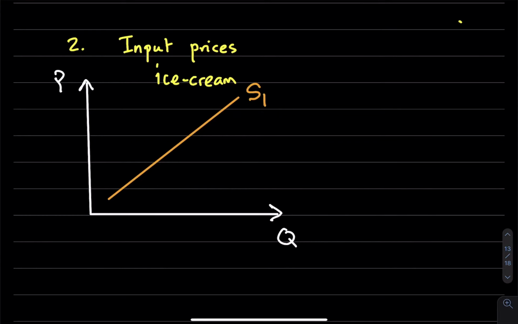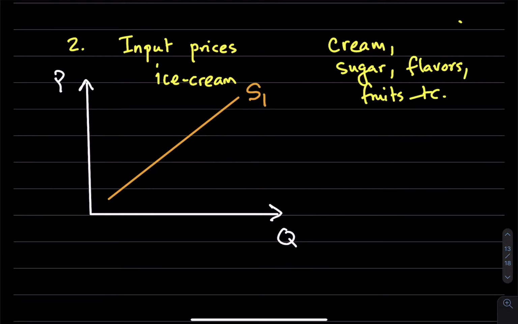For example, to produce the output of ice cream, sellers would use various inputs: cream, sugar, different flavors, fruits, etc. And this is not all in terms of raw materials, but there are obviously workers who are making this happen, creating different flavors of ice cream, mixing the ingredients and operating the machines.